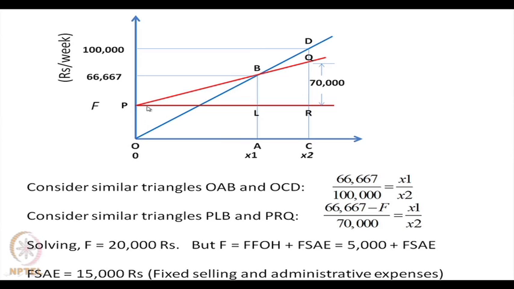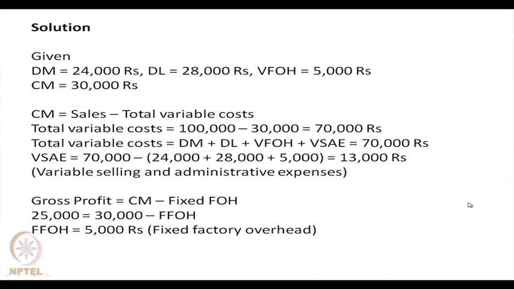Total fixed cost consists of fixed factory overhead expenses plus fixed selling and administrative expenses, and fixed factory overhead expense we have already estimated as equal to 5,000.